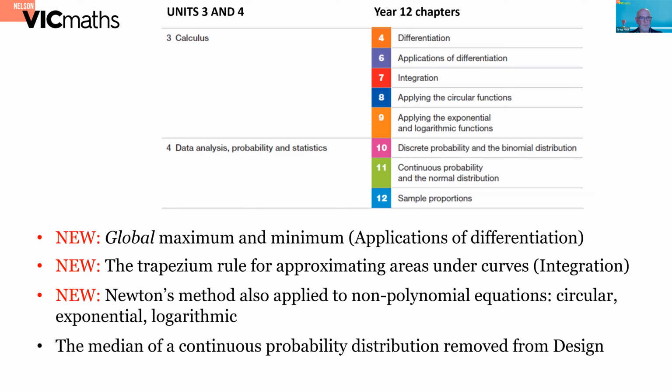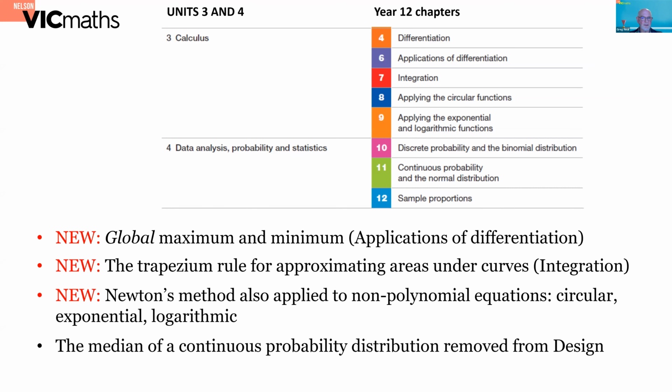Newton's method for approximating roots of polynomial functions was included in the current study design in Unit 1, 2, and it's now been extended for non-polynomial functions like exponentials or log functions. So that's now in year 12 also.